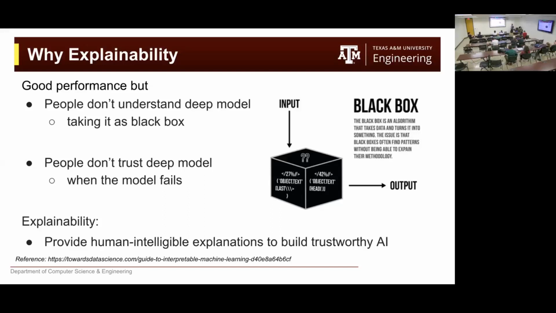So explainability methods provide human intelligible explanations and help people to understand why the model makes such predictions, to build trustworthy AI and enable cooperation between machine learning models and humans.